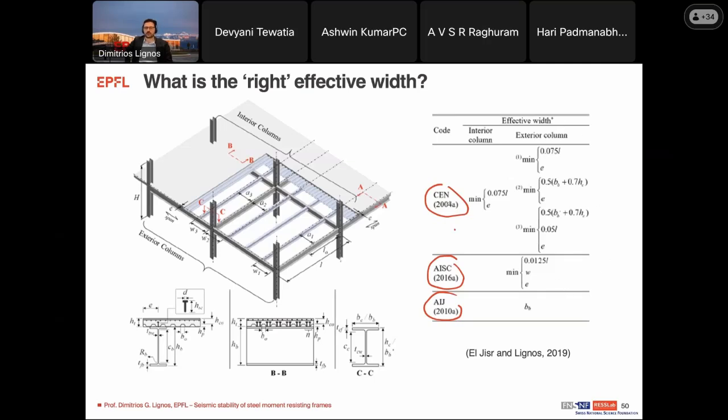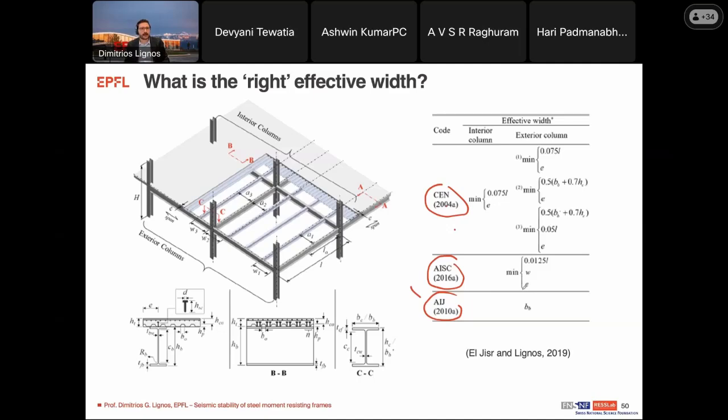And you see that the Eurocode has very detailed recommendations compared to the Japanese code or the American code that is quite minimal. So one of the questions when we worked on this project is, what is really the right effective width to use? And does it matter if you have a very detailed rule to quantify the effective width versus cases where these rules are actually much simpler?